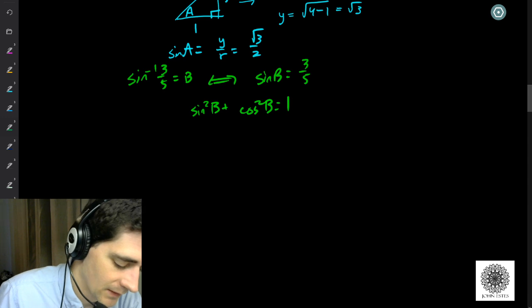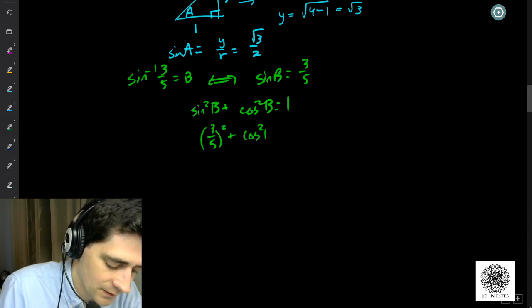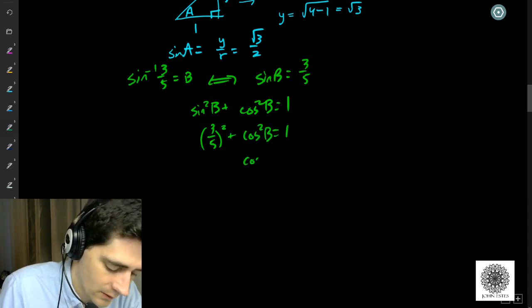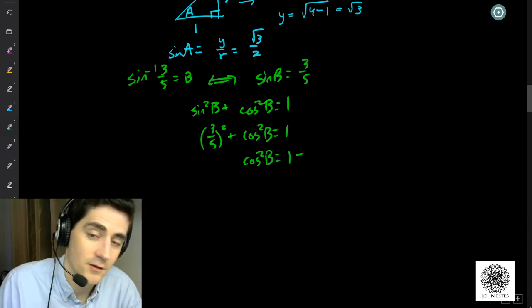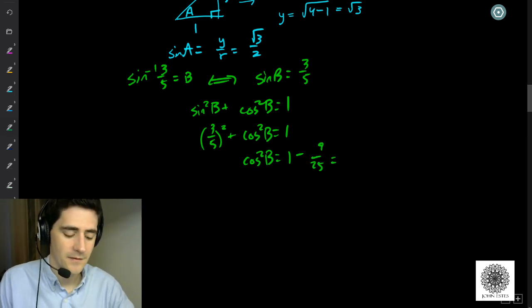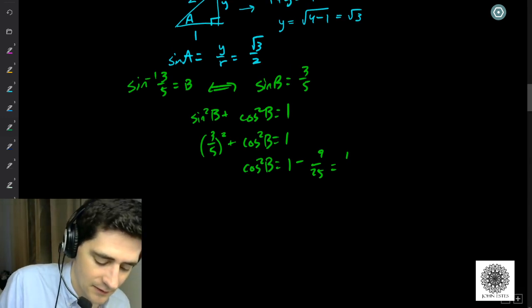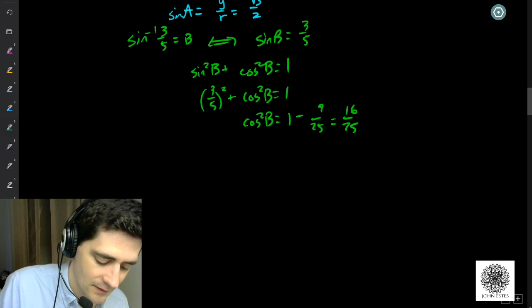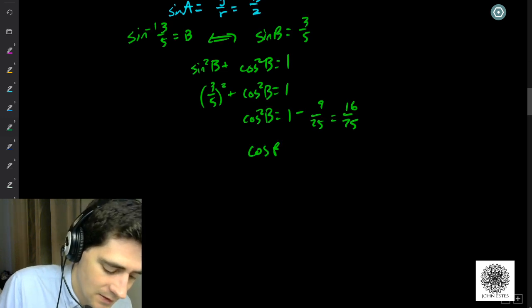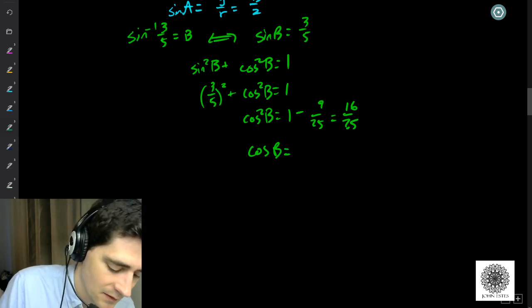So algebraically, I can say that's 3/5 squared plus cosine squared B equals 1, or cosine squared B equals 1 minus, 3/5 squared, which is 9 over 25. So 25 over 25 minus 9 over 25 gives me 16 over 25. And so cosine B could be plus or minus, but here it's going to be plus 4/5.